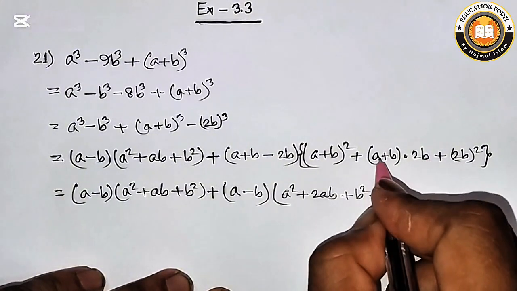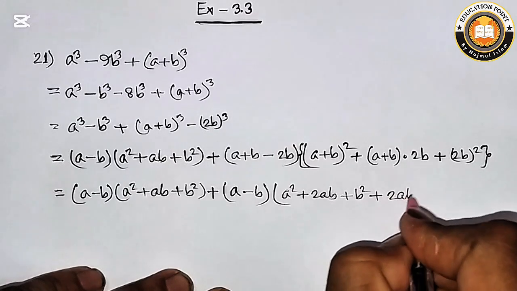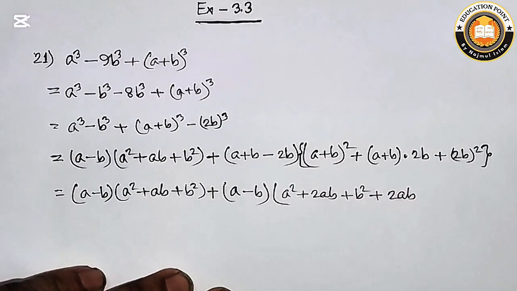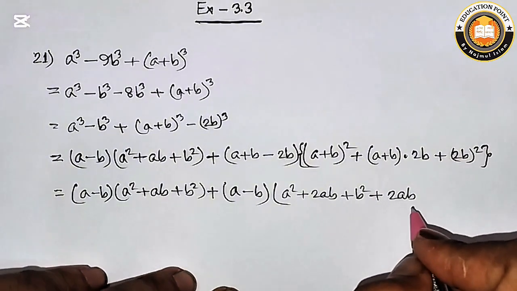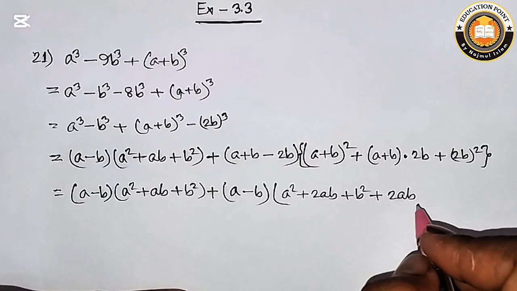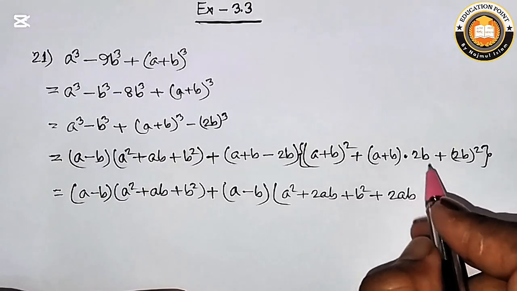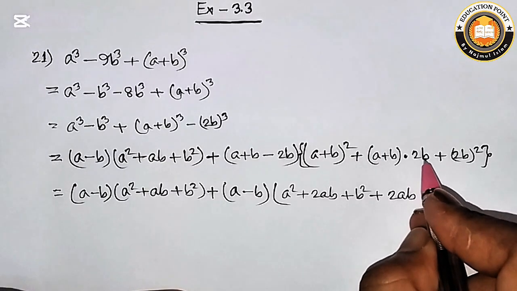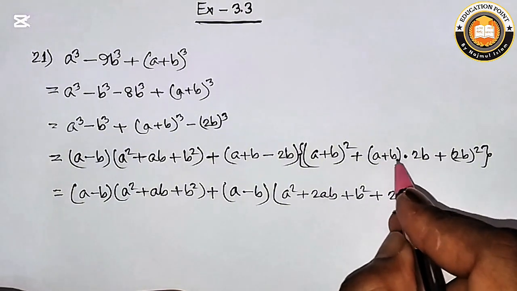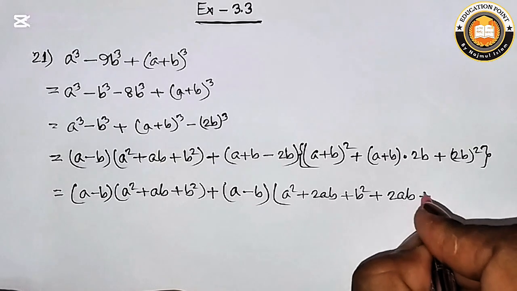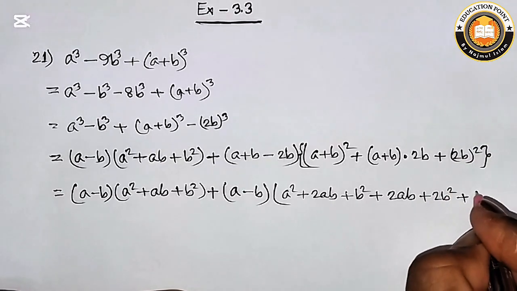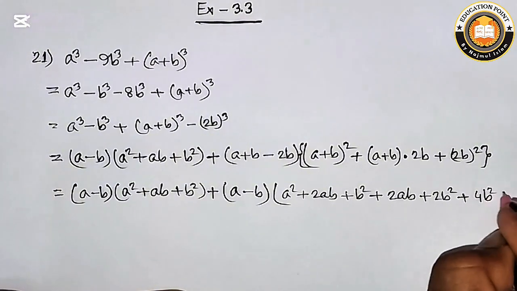At first 2b multiply with a, 2ab, b multiply with b, that means plus 2b square, plus square value of 2 is 4b square.